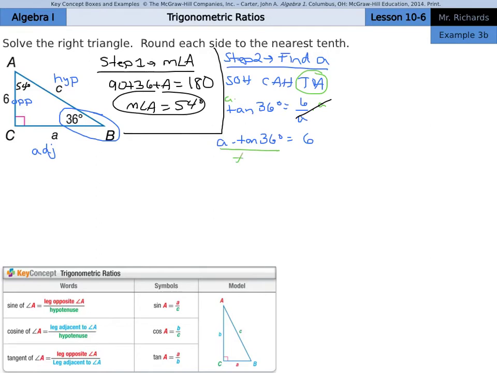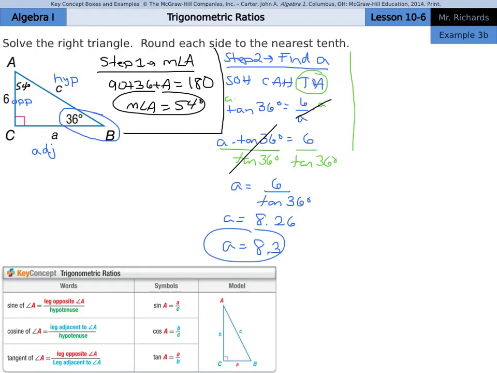Then we divide by the tangent of 36 degrees on both sides. And again, our goal is to get everything on one side so we have our variable alone. So A is going to equal 6 divided by the tangent of 36 degrees. Take 6 divided by the tangent of 36, and A is going to equal 8.26. And rounding to the nearest tenth, A equals 8.3.